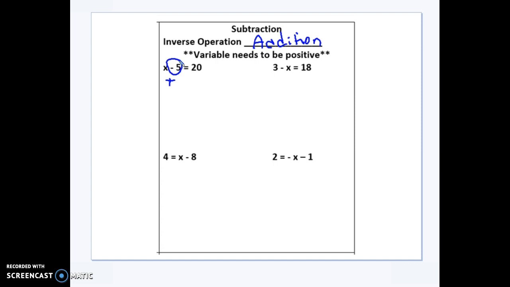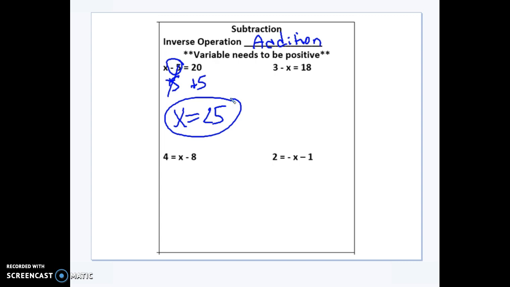So to undo minus 5, we have to add 5 to both sides. This cancels, and x equals 25. You can always check your work too. If I put my answer of 25 in for x, is 25 minus 5 equal to 20? The answer is yes, so we know our solution works.